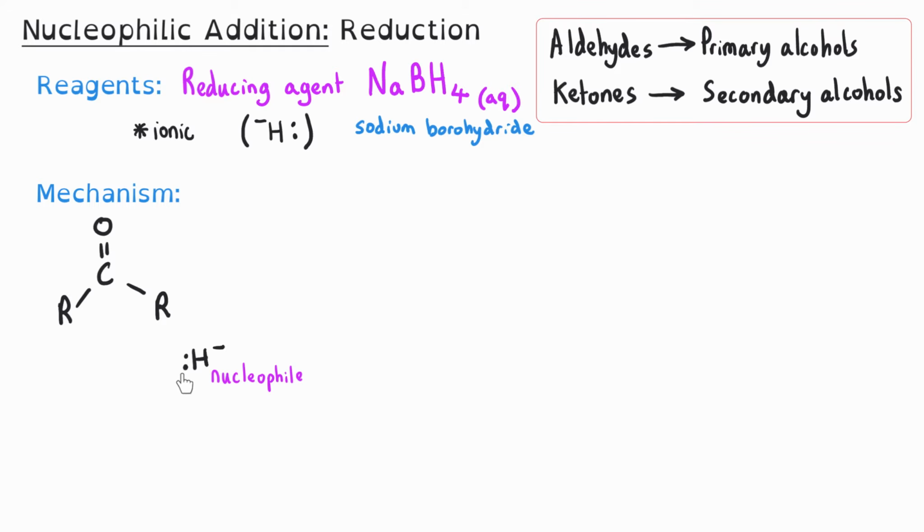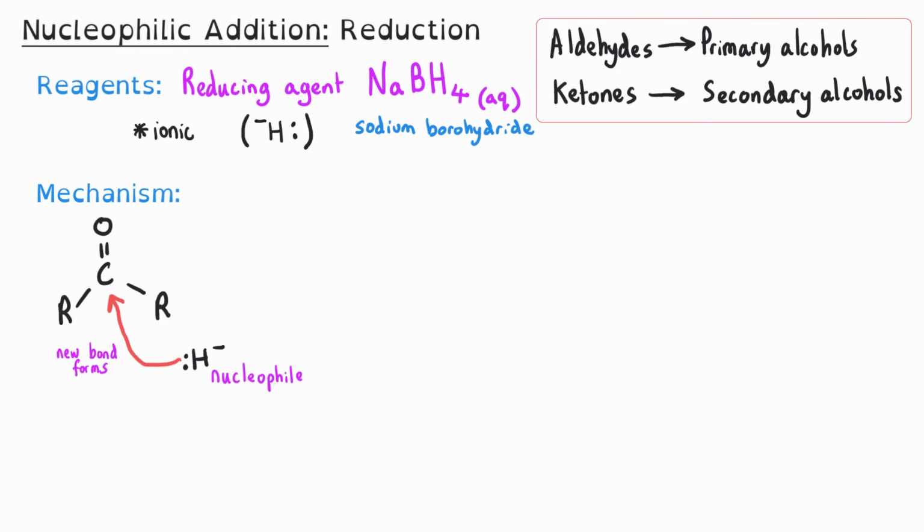And so what happens is the hydride ion attacks this slightly positive carbon atom and uses its lone pair to form a new bond between the carbon and the hydride ion. And that's down to the attraction between the two of them. This happens very readily. And that's what this first curly arrow is showing, the formation of a new bond between the carbon and the hydrogen.